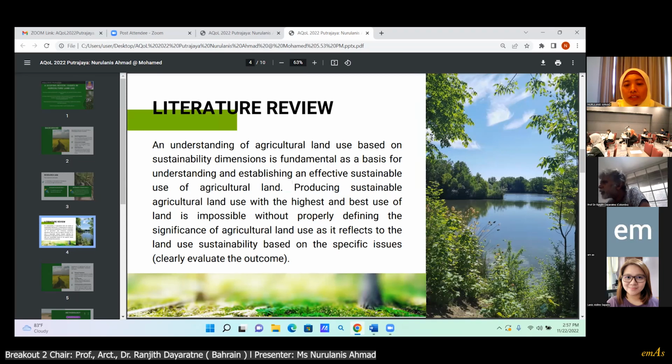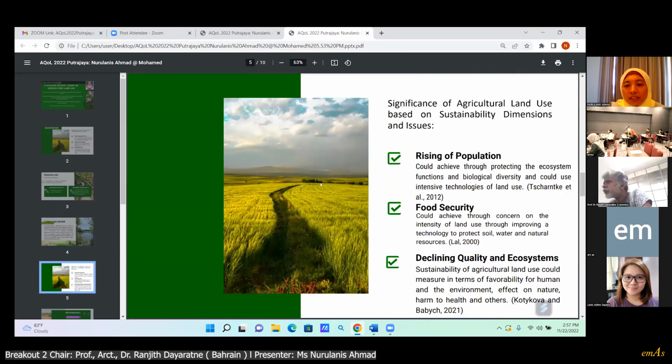In order to produce sustainable agricultural land use with the highest and best use, we need to properly define the significance of agricultural land use itself, and cater to the specific issues related. In this literature review, we identify the issues, come out with the significance of agricultural land use, and take the sustainability dimension into consideration.